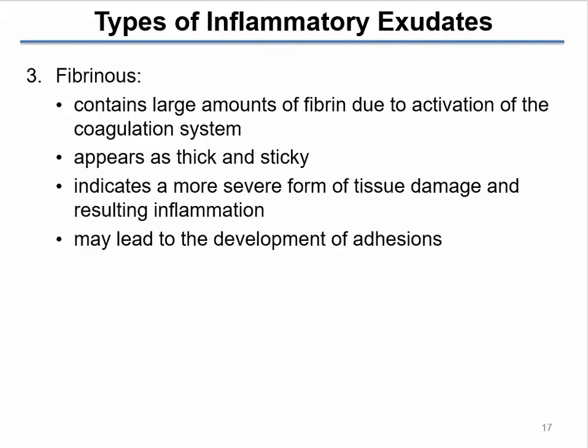When fibrinogen is turned into fibrin in the interstitium, what happens is the exudate ends up with this tangle of fibrin. It starts to almost clot and coagulate itself. It's thick, it's sticky.